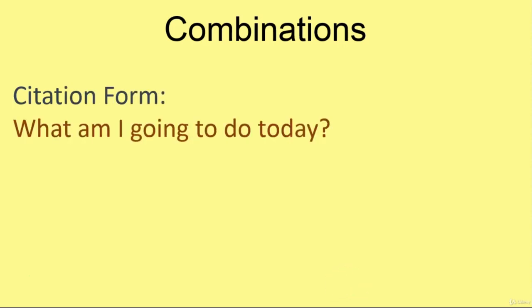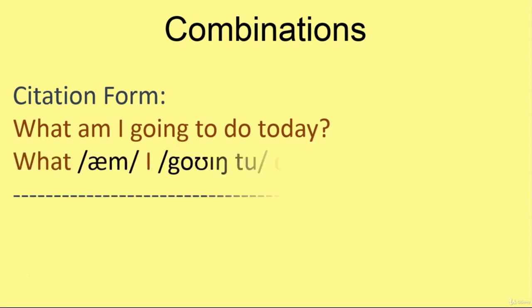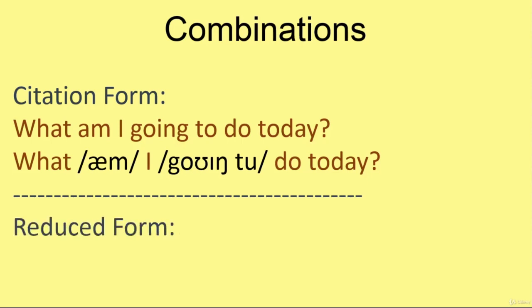For example, in this sentence, what am I going to do today? There are two sets of words, "am" and "going to," and these are often combined and reduced in the same sentence. So instead of saying, what am I going to do today?